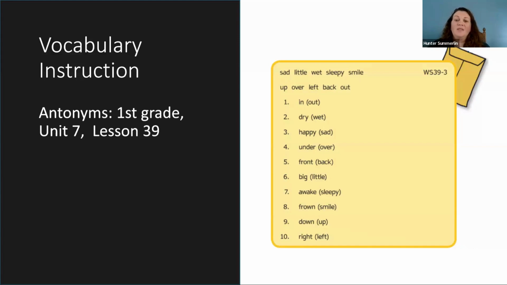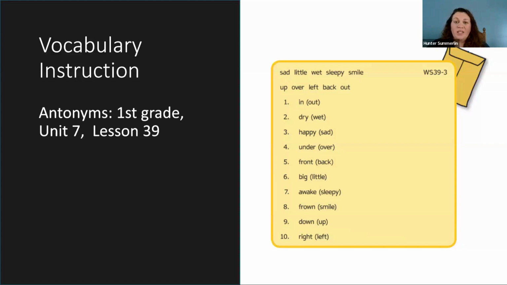And then the student is given, and these are all Braille activities, of course, numbers 1 through 10. And they are in, dry, happy, under, front, big, awake, frown, down, and right.